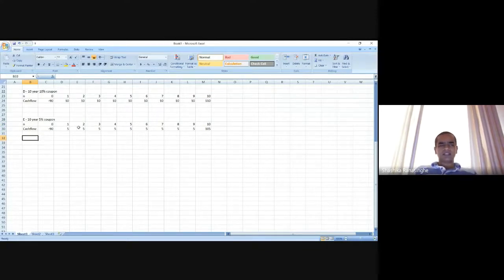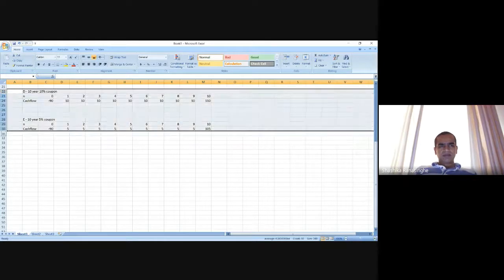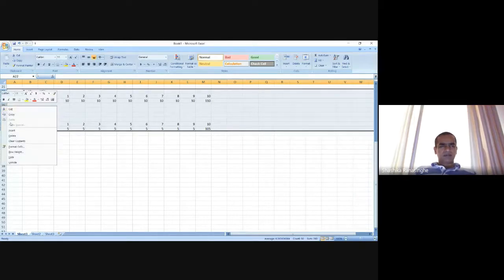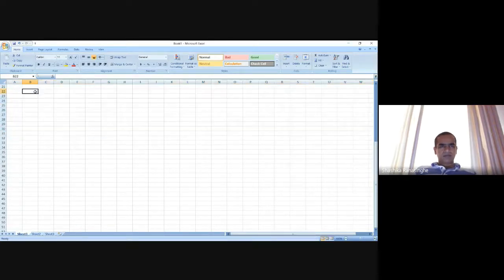It's an inverse relationship. Understood? Remember, duration is similar to payback in many ways. Duration has an inverse relationship.